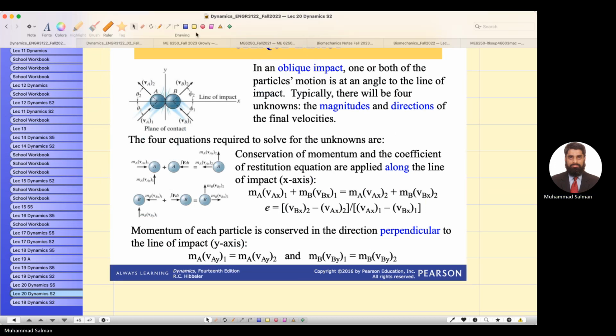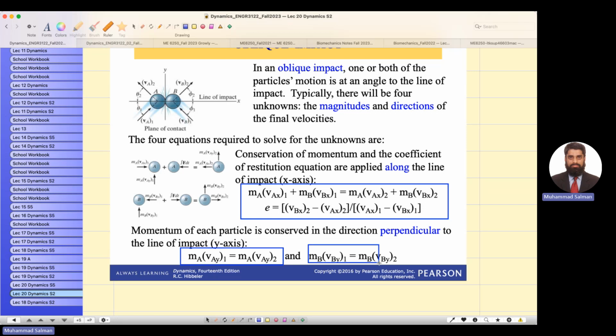Equation number 1 and 2 are perfectly valid for both kinds of impacts, central and oblique. Equation number 3, for an individual particle along the y direction. You see my point? Equation number 3 and 4 are for individual particles.